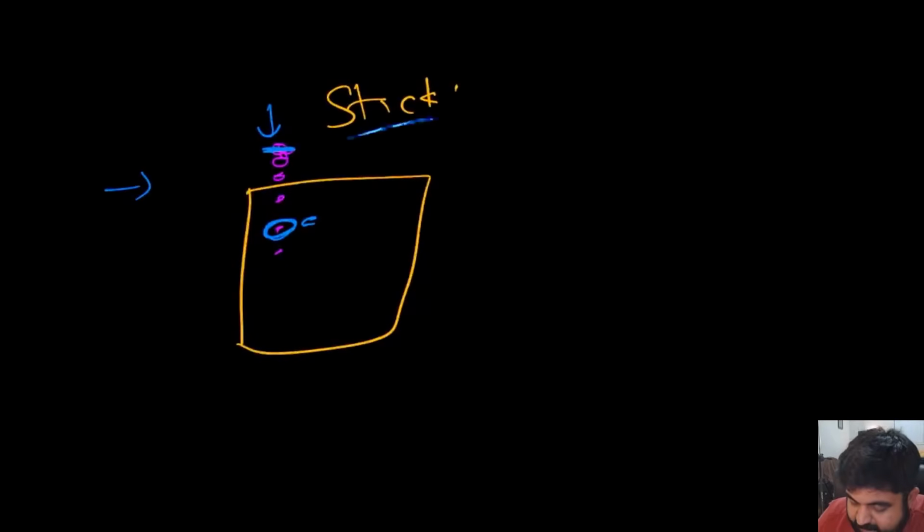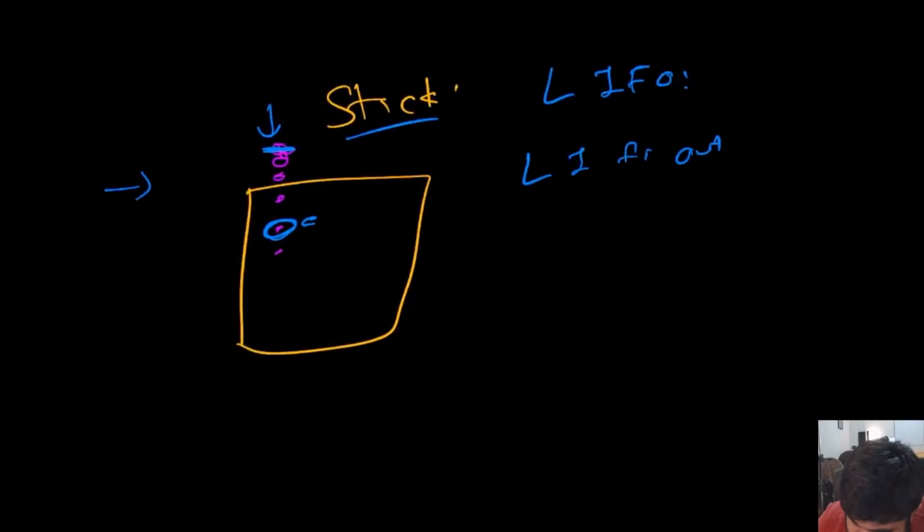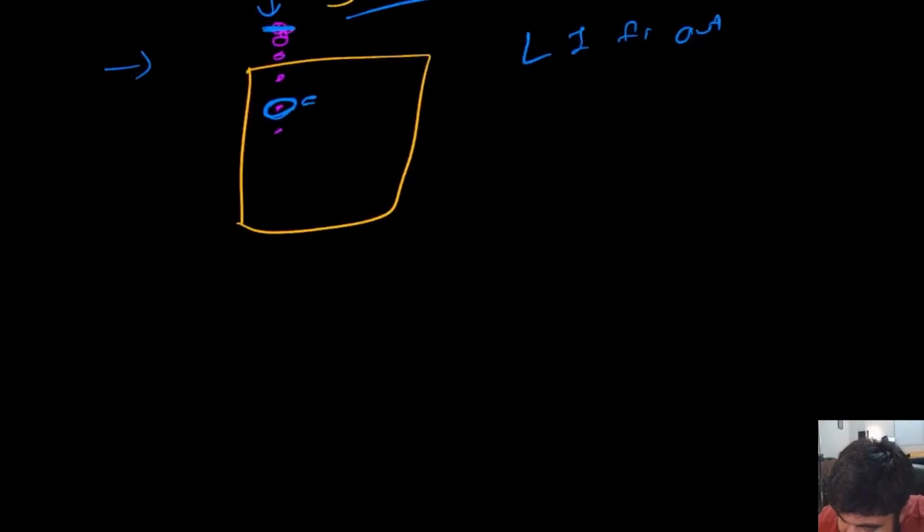So a stack actually follows the principle of LIFO. What does LIFO mean? LIFO means last in, first out. What we mean by that is, let's say that currently we have only a single plate. Now I decide to put one more plate on top of that, and then one more plate on top of that, and then one more plate on top of that.